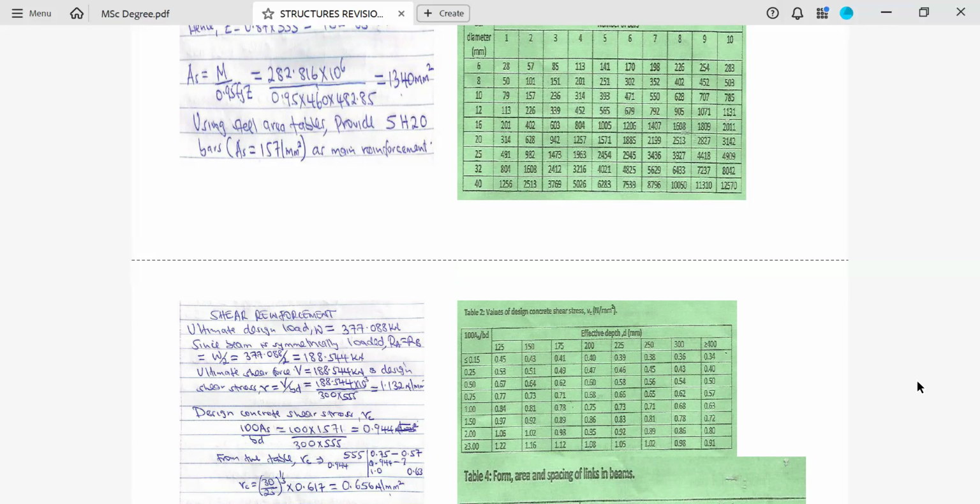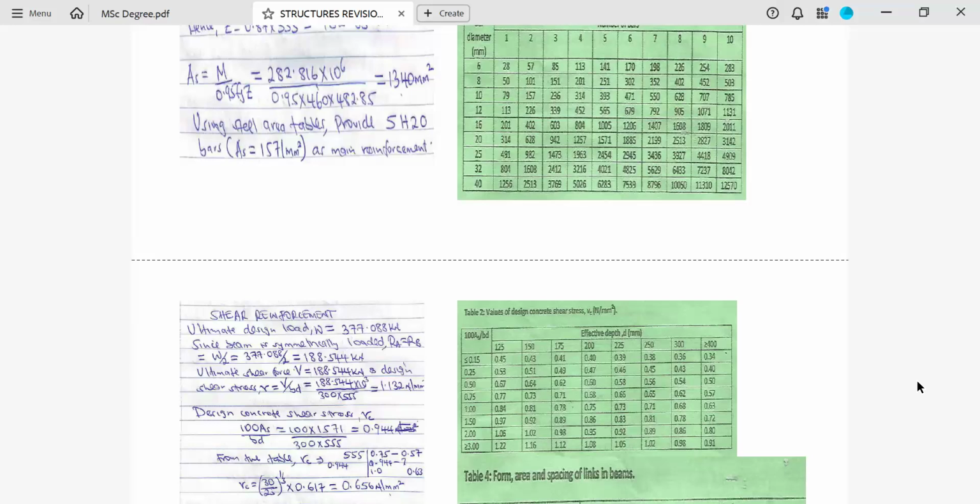Now remember, in hydraulics we talk of force and pressure, but in structures, pressure we call it stress. That's why here, the design shear stress is equivalent to the ultimate shear force divided by the area, which is the cross-sectional area of the beam, BD. Now we have to convert 188.544 kilonewton into Newton.